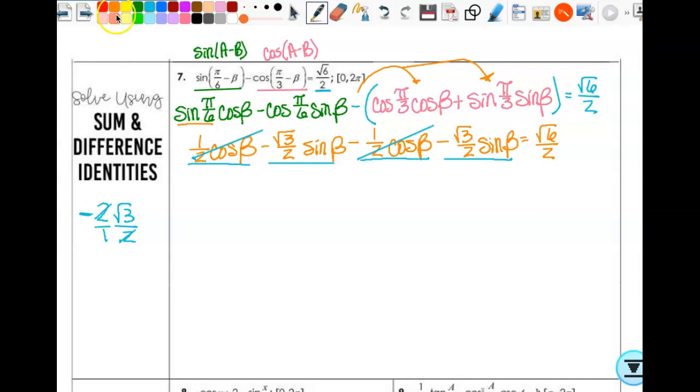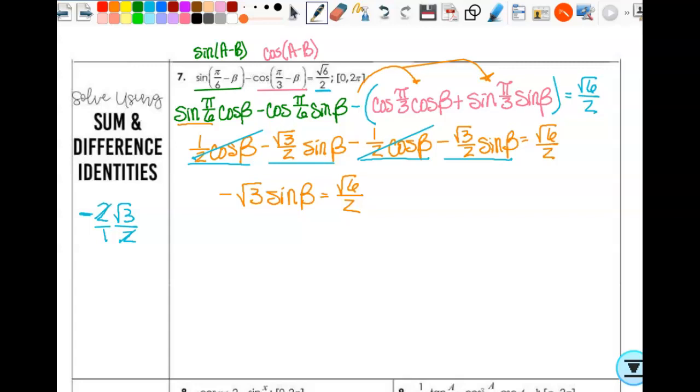Okay. So I get negative square root of 3 times the sine of beta equals the square root of 6 over 2. So I need to divide by the square root of 3. So as not to make my life harder, remember that dividing by something is the same thing as multiplying by 1 over that thing. Dividing by 2 is the same as multiplying by 1/2.